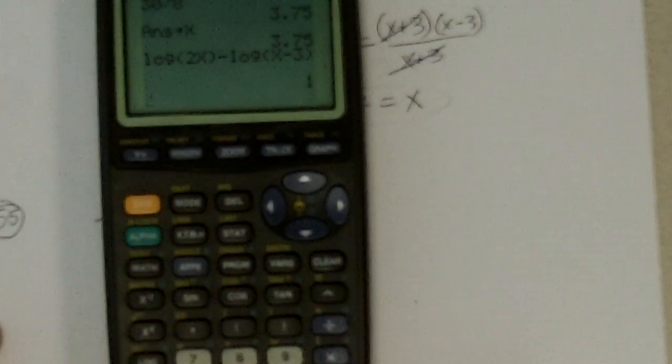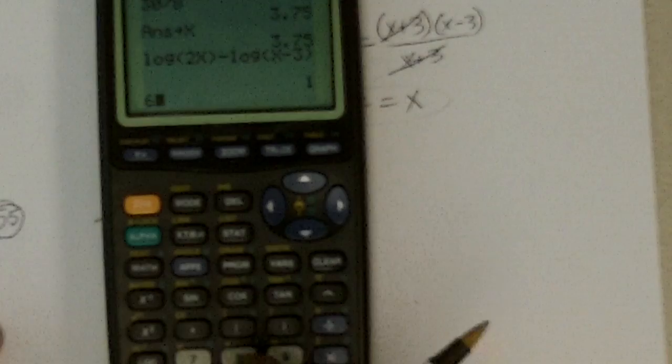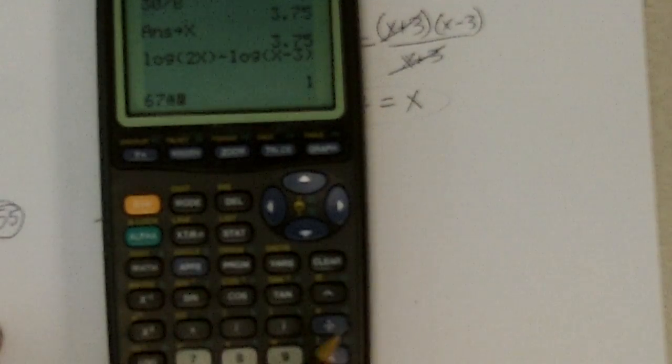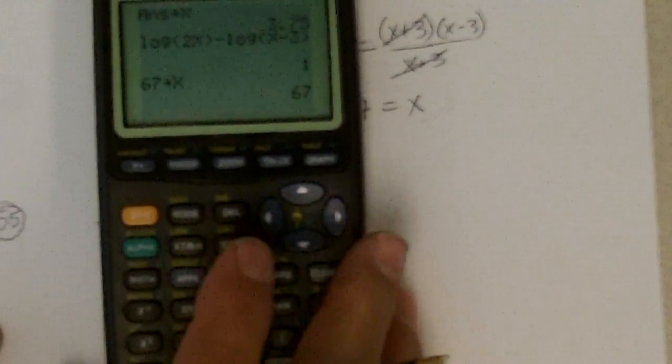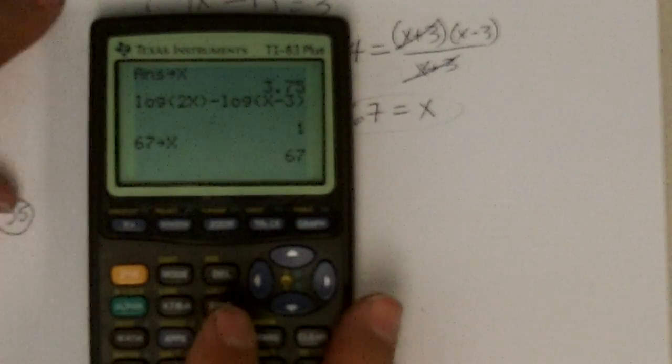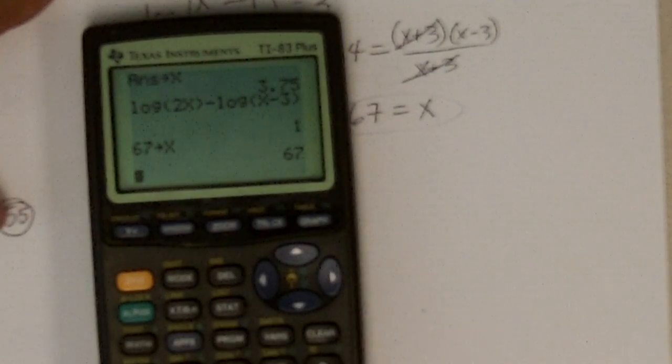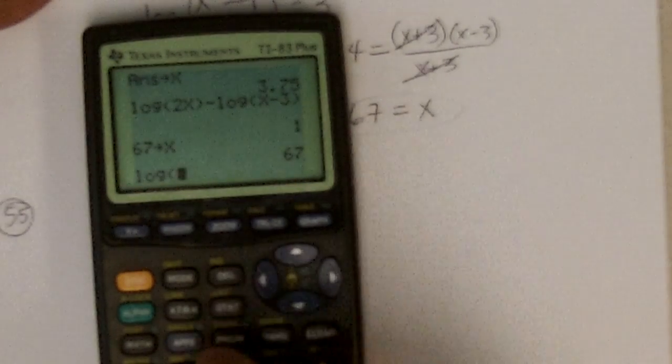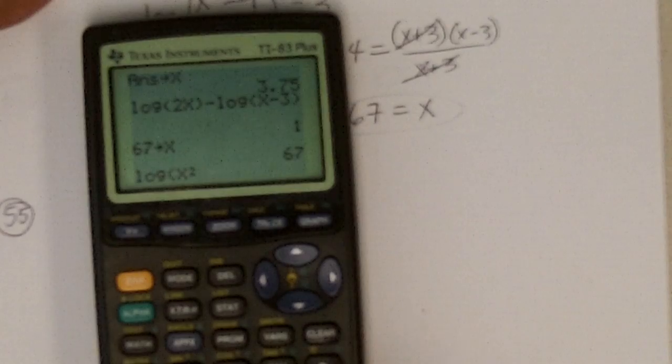Let's check it out. So 67 store in x, and then I'm going to type in, now to type in log base 4, you can go log of x squared minus 9 all divided by log of 4.